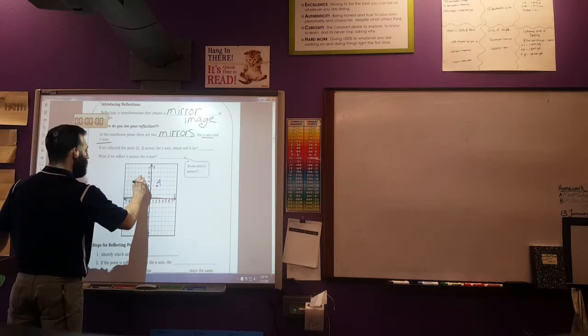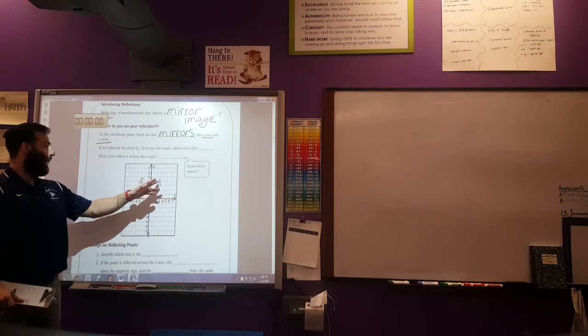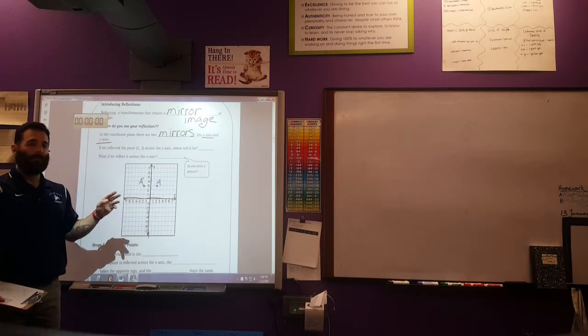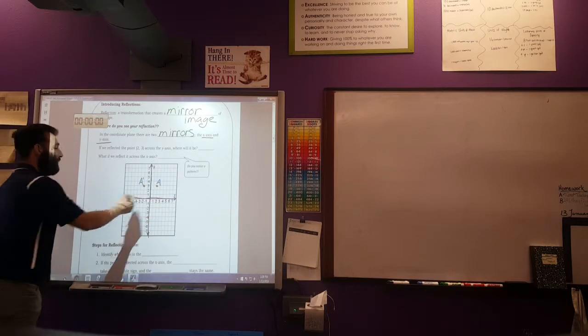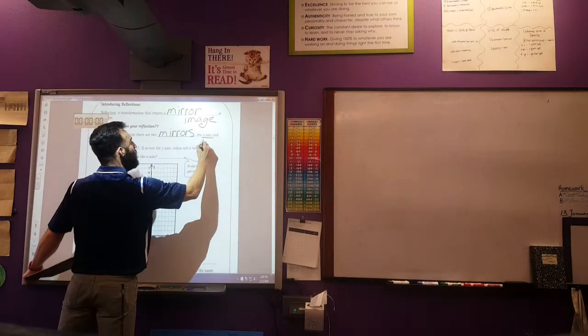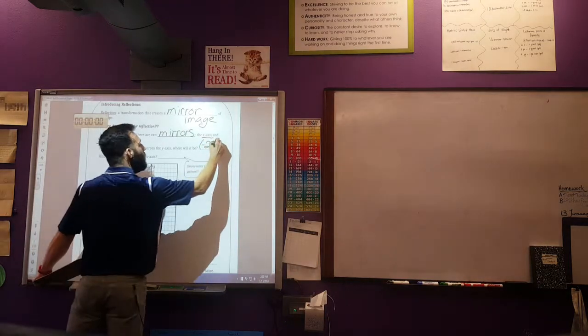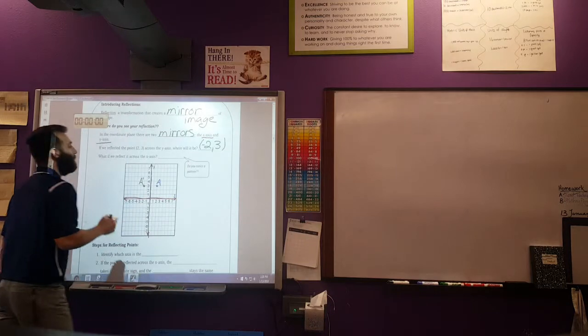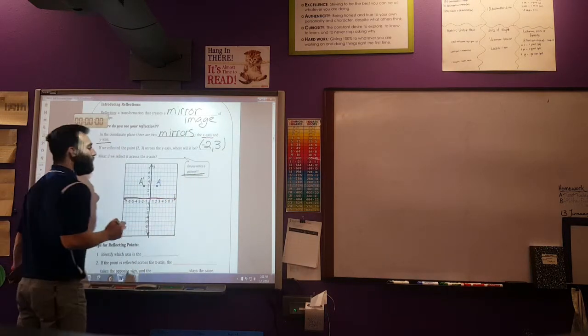And if I look at my coordinate plane, I can see that A1 is the mirror image of A. And this is at point minus 2, 3. Now, when we're going through this, see if you can notice a pattern here.